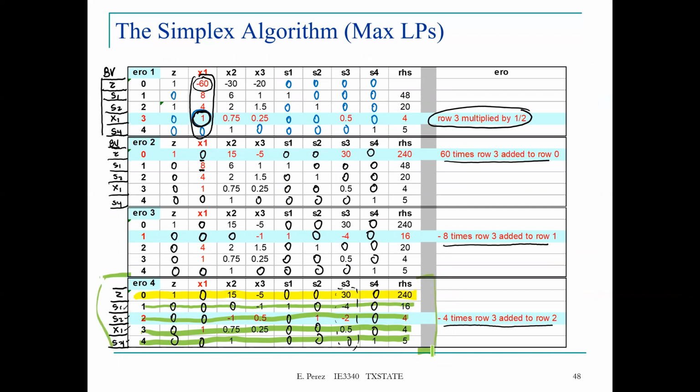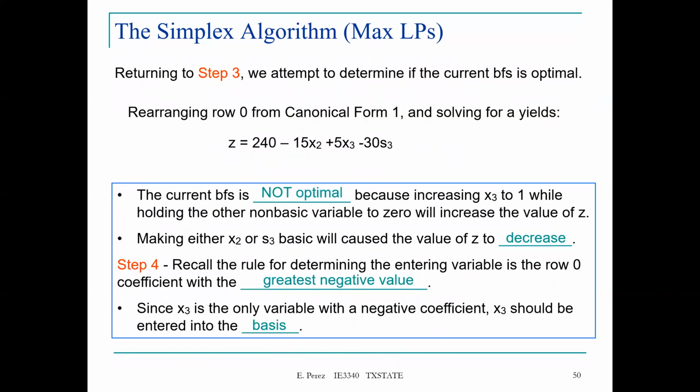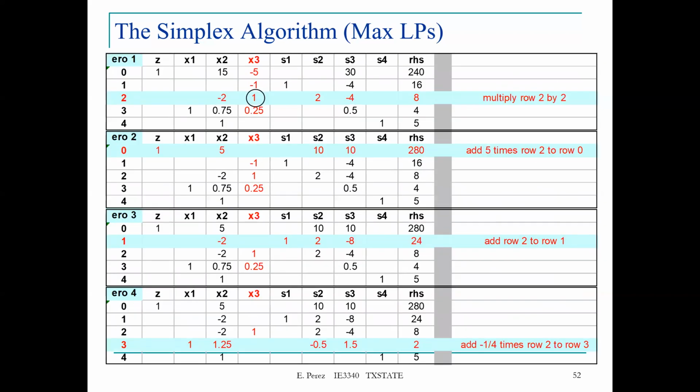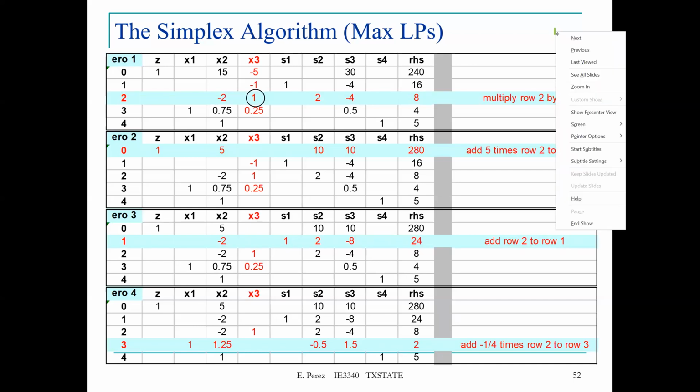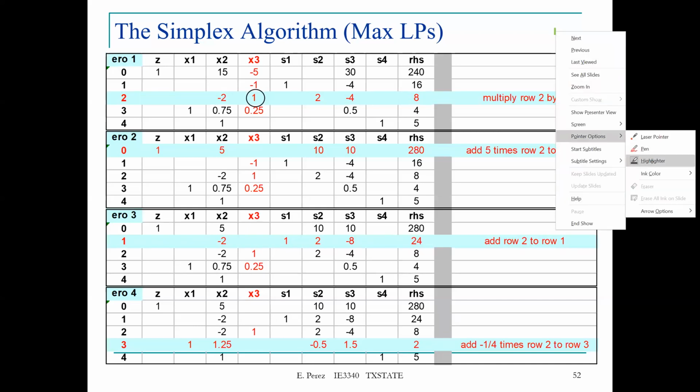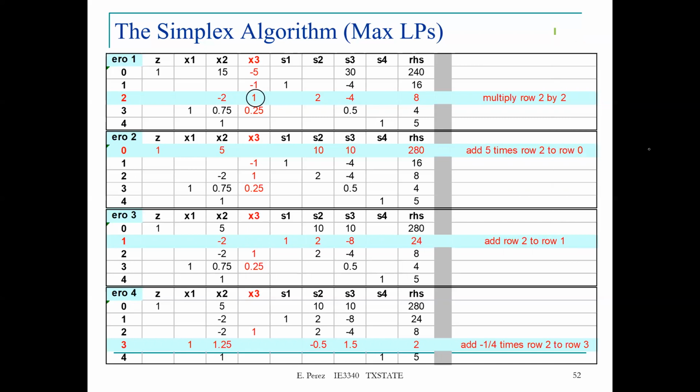So we are copying that last tableau here. Looking at the format of this, we include those zeros. So this is 0, 0, 0, 0, 0, 0, 0, 0, 0.